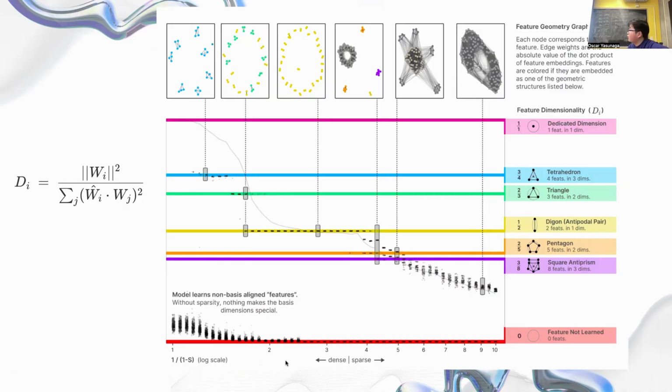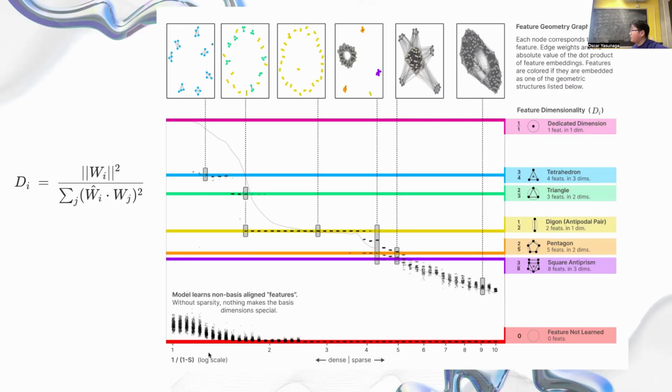What you can generally see is that when the model is not sparse at all, as we've seen previously, when it's dense, if you're going to express vectors, you can only select the first few vectors to be expressed. You can see this here.